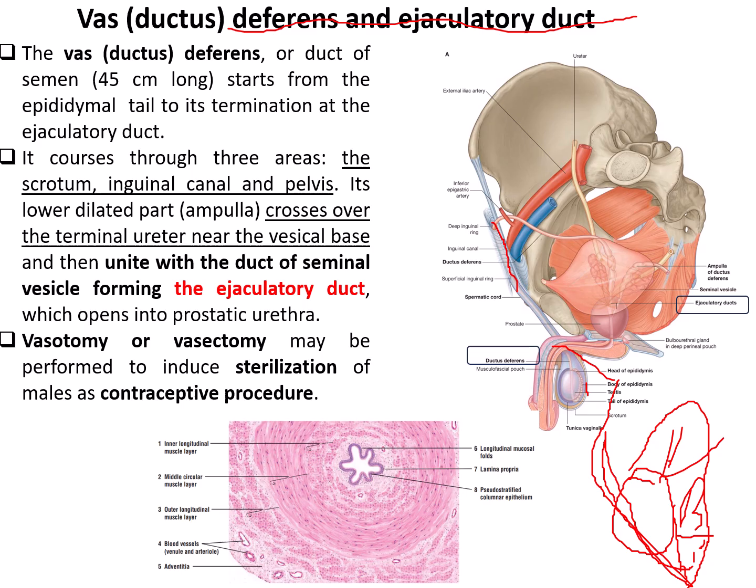You can see here that the pelvic part of the vas deferens is crossing over the ureter. The vas deferens can be ligated or removed as a contraceptive procedure.